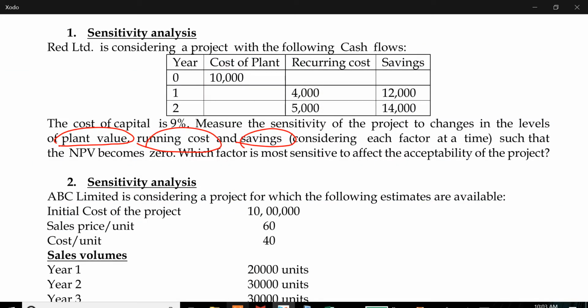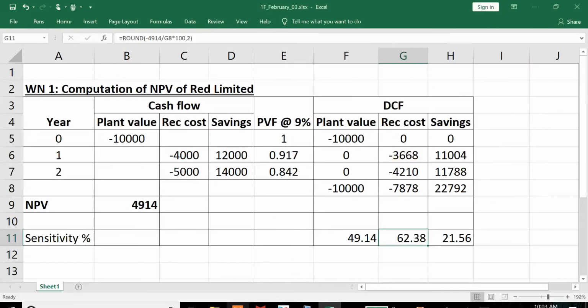Next, sensitivity analysis for recurring cost. Below that, the present value of recurring cost is 7878. Full stop.